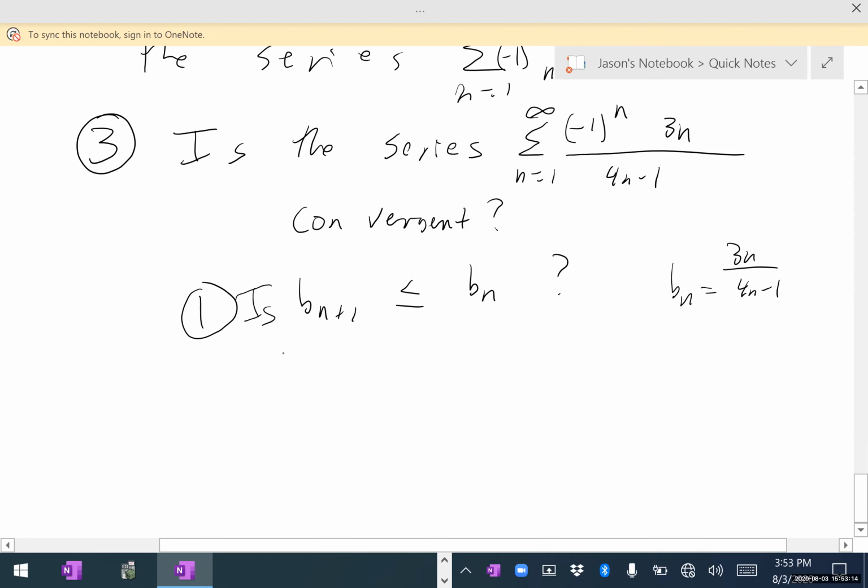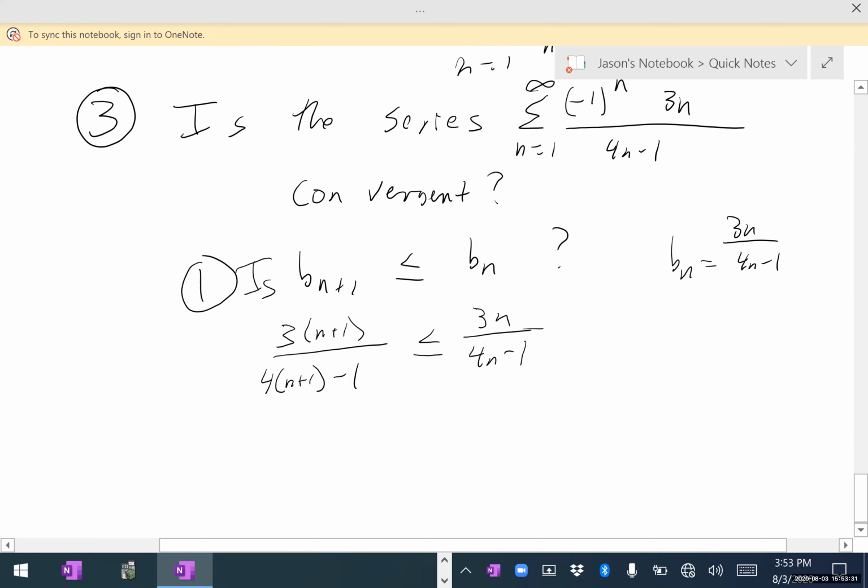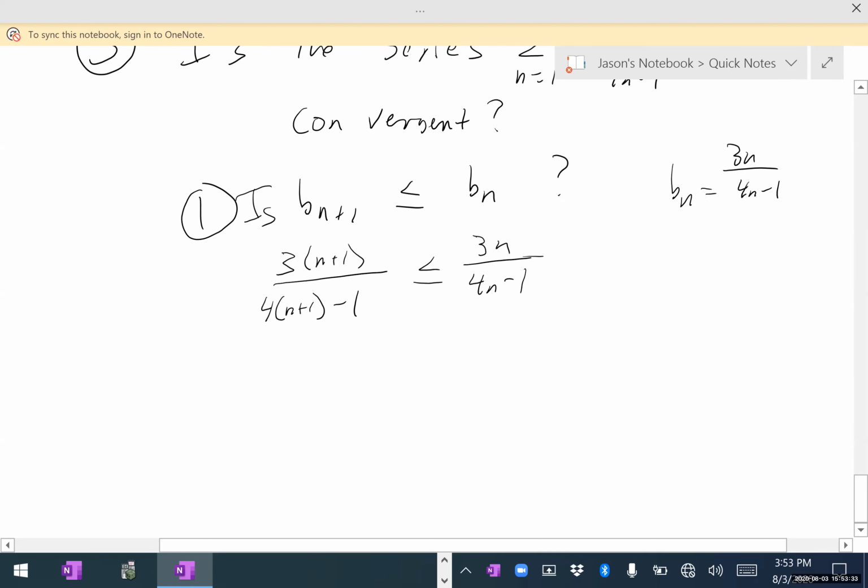Let's plug this in. 3 times n plus 1 all over 4 times n plus 1 minus 1. Is that always less than or equal to 3n over 4n minus 1? Well, let's simplify this a little bit. So 3n plus 3 all over 4n plus 4 minus 1, which is 3n plus 3 over 4n plus 3. We're spicing it up.